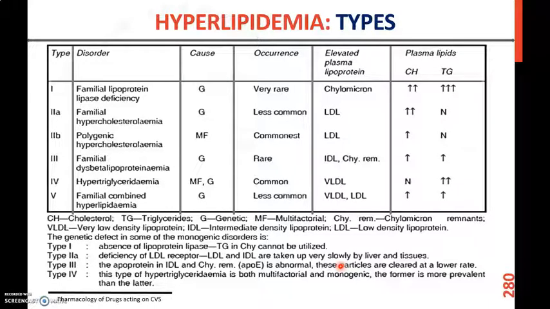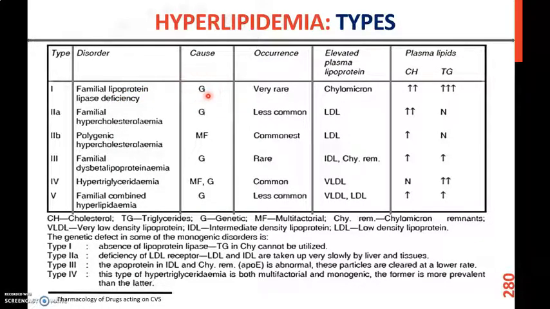Now, what are the different types of hyperlipidemia? We can classify hyperlipidemia into 5 types, a total of 6, including type 2, which is again classified into A and B. The first type is also known as familial lipoprotein lipase deficiency hyperlipidemia.